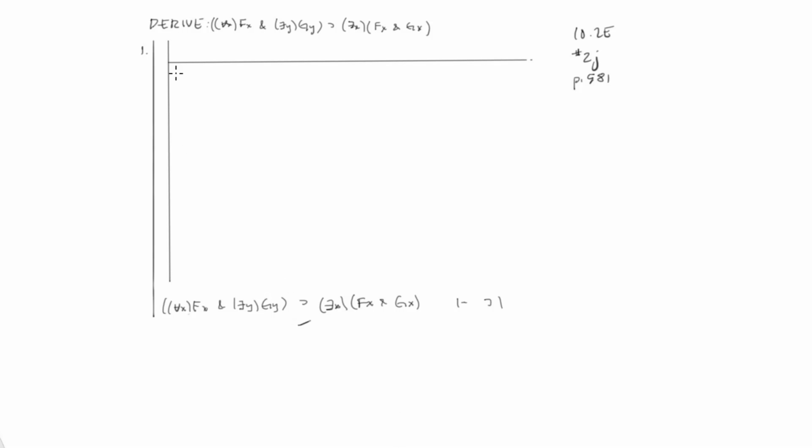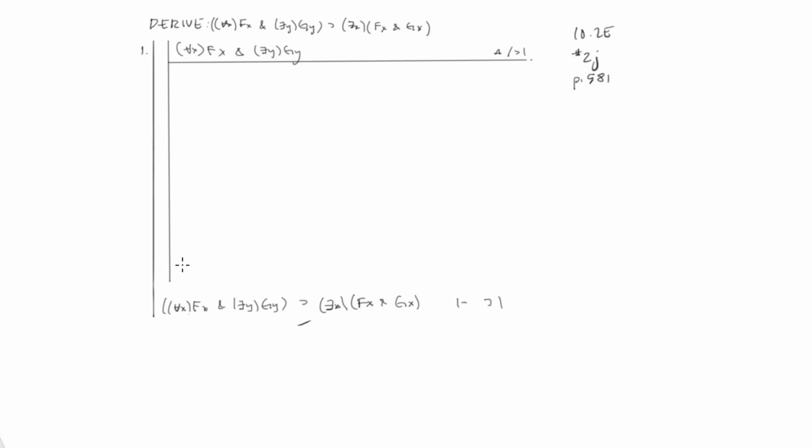Here we have our scope line, and we add the antecedent of the conditional we want to the subderivation's auxiliary assumption. So for all x, fx, and there's a y, gy. That's our assumption for conditional introduction.